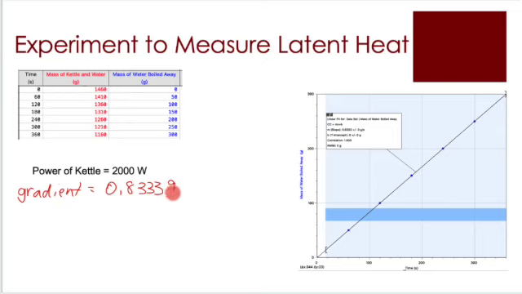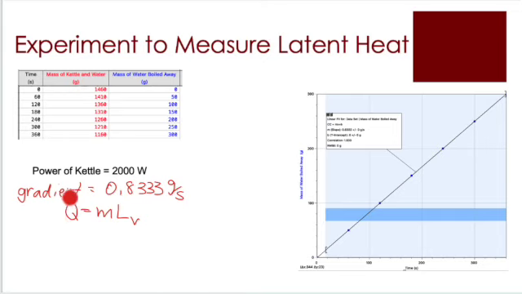That would be grams per second. Now the equation for the latent heat is Q equals mL. And in this case I could put a little v because we are talking about vaporization, going from a liquid to a gas. I'm also having to add this in.